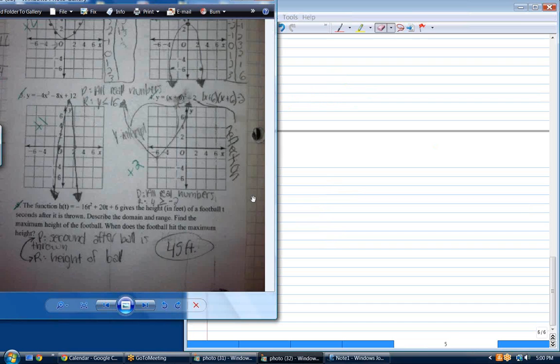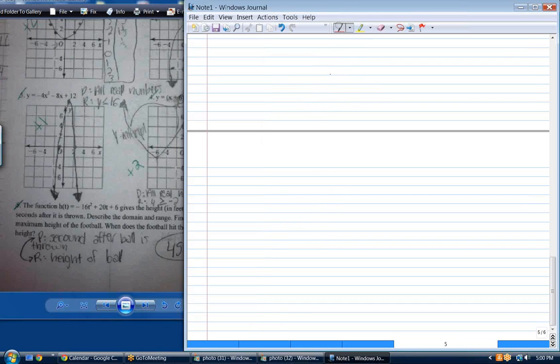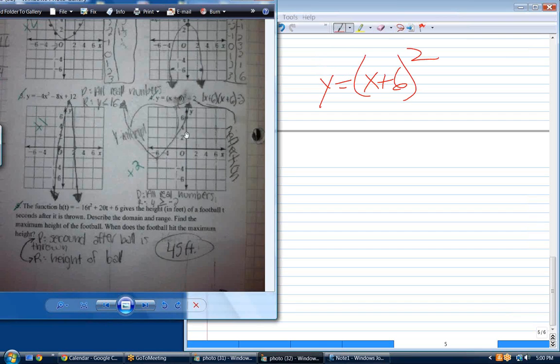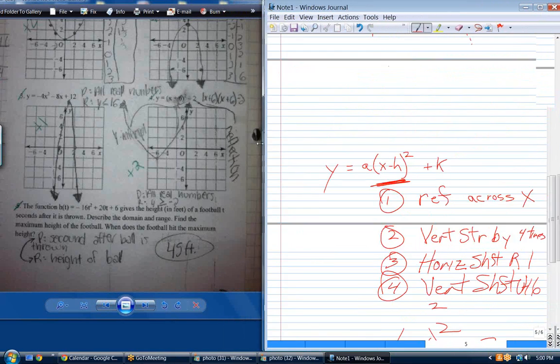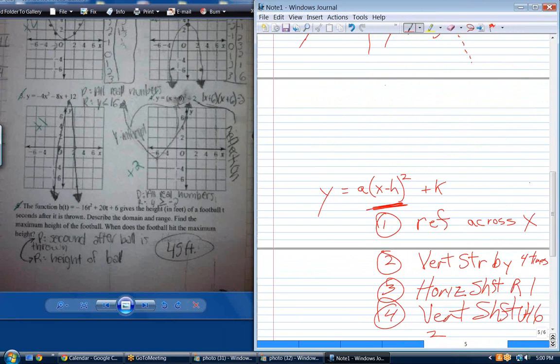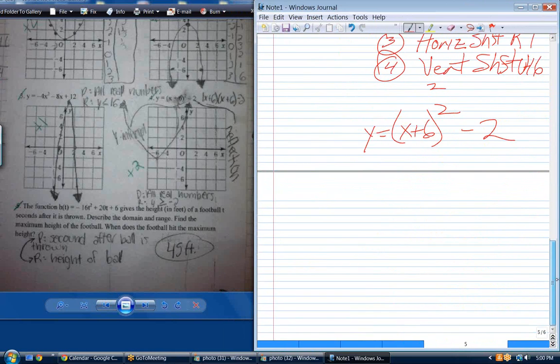Okay, so on number 2, we've got y equal x plus 6 squared plus, is that a minus 2? Yeah. Now, first of all, we don't want to multiply that out, because we would just have to then complete the square in order to get it back into the format that we want it in.